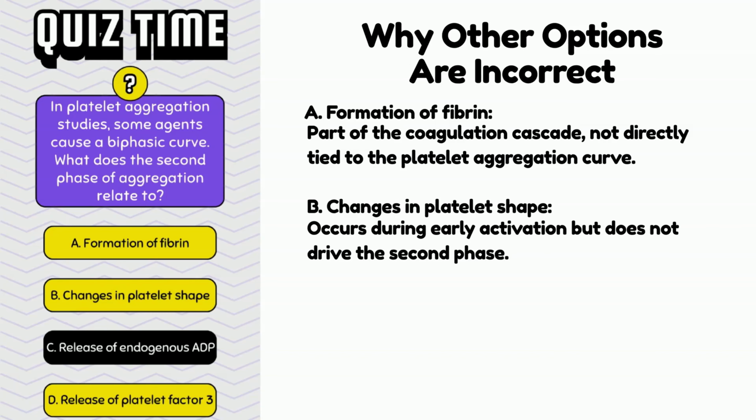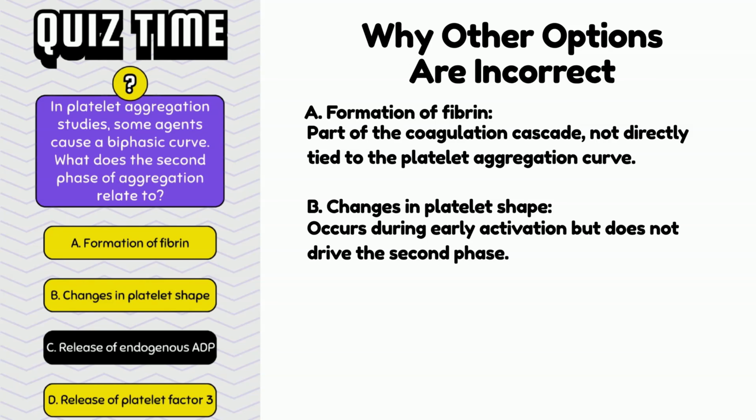B. Changes in platelet shape. Platelet shape change is an early event in platelet activation, but it does not directly explain the second phase of aggregation. Shape change occurs as platelets become activated, but the release of ADP from platelets is what primarily drives the second phase of aggregation.